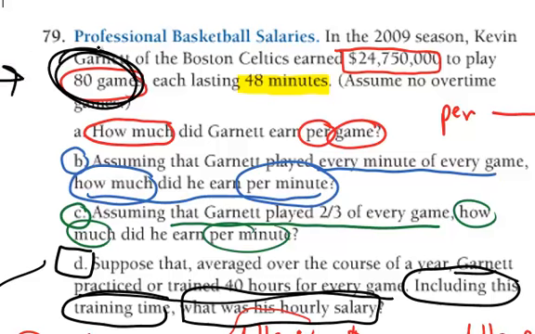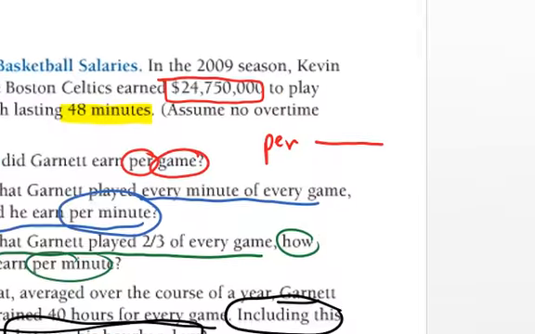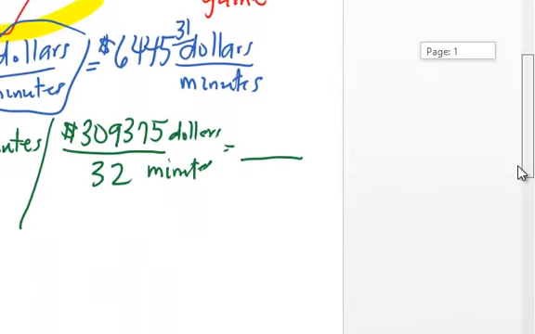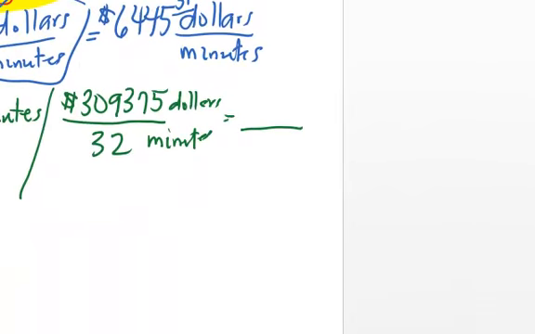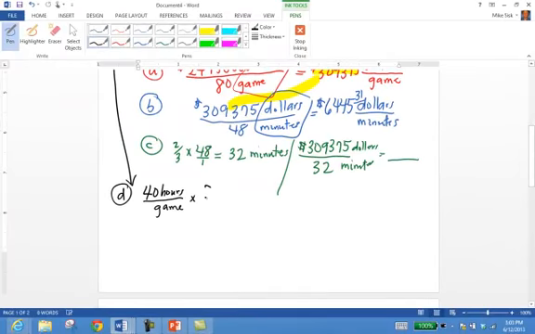If he trained 40 hours for each game, then I've got to multiply this again times 80 games. The word games will strike out, and that gives me 3,200 hours. And you think, well, I've not gotten the answer yet. No, I haven't. This is a start. That's his training that he did.